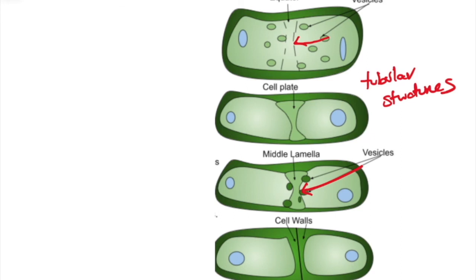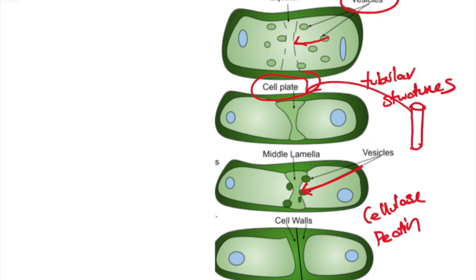They deposit cellulose and pectin, which make up the cell wall. So we don't go into a lot of detail, but yeah, vesicles move, fusing with tube-like structures which are at the centre in the cell plate and depositing cellulose and pectin, which creates the new cell wall and forms the new cell membrane, which would be inside.